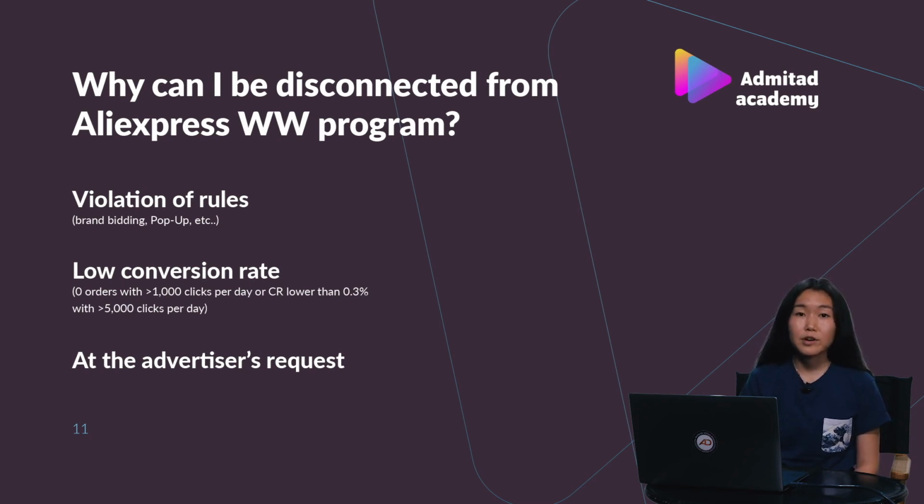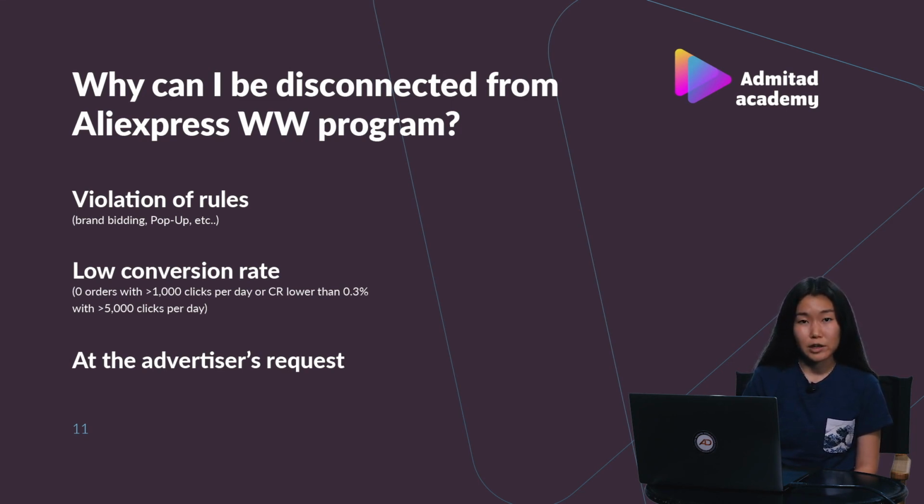For example, you have 0 orders, but the amount of clicks is more than 1,000 per day. Or your conversion rate is lower than 0.3%, but the amount of clicks is more than 5,000 per day. We can also disconnect you from the program upon the advertiser's request. It happens very rarely, but when it does, it usually happens when AliExpress sees a lot of returned orders made through your affiliate links.